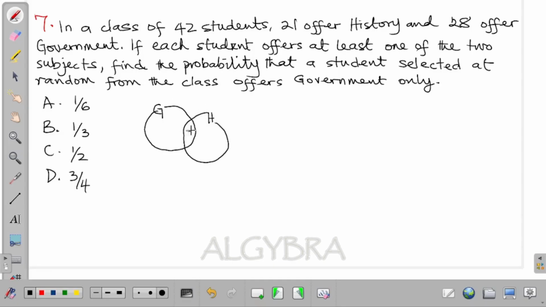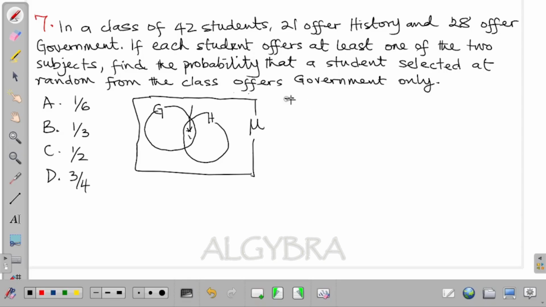This region is the set of persons offering both government and history, represented by G intersection H, or H intersection G. They are the same thing. And we're going to have the universal set. That's the universal set.